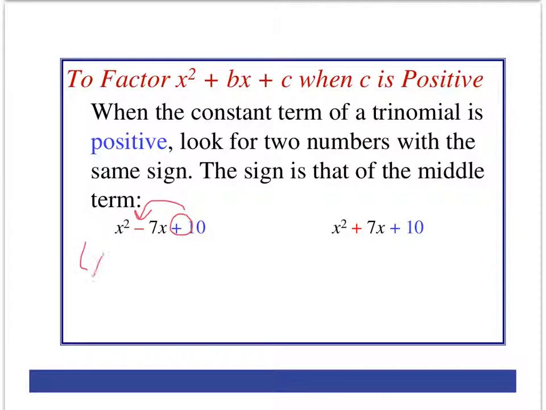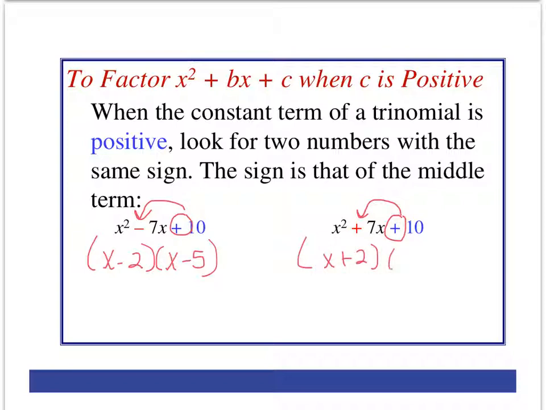So in this case, it's going to be x minus 2 times x minus 5. And again, because this is plus, they're going to be whatever this sign is. So in this case, it's going to be x plus 2 and x plus 5. So those are some of the tricks that you need to know.